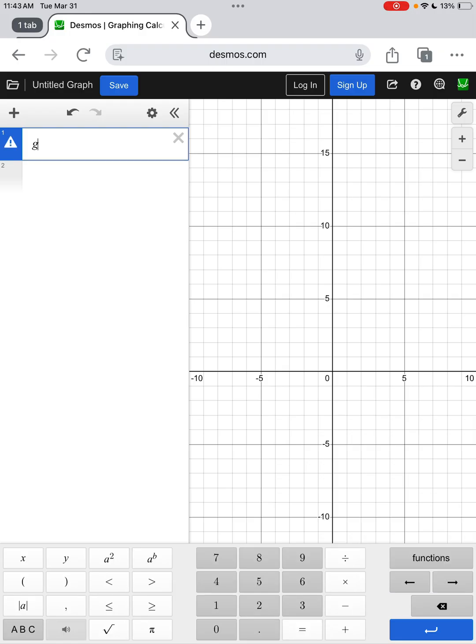g of x equals, when you have a fraction, if you just hit the division sign right away or type the / on your computer, that'll make the fraction for you. You can also do it with parentheses after the fact if you forget.